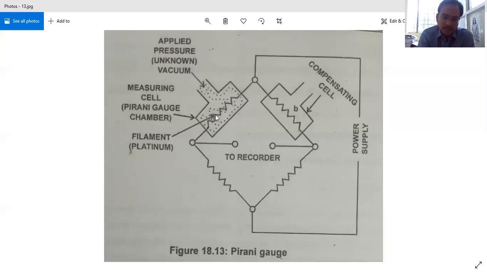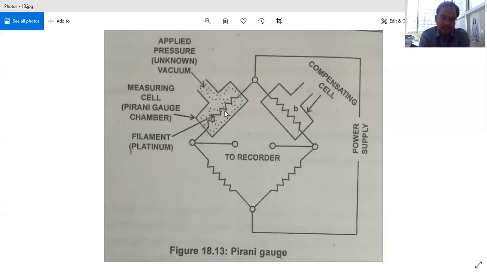Depending on the density of the gas, it will be in contact with the surface of the platinum, and the heat generated in this material will get dissipated into the gas.